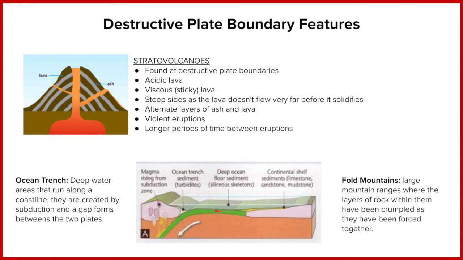So when this eventually meets, because they're both continental, one of them isn't going to sink. They're both going to stay where they are. So they're both going to force each other into each other. Any sediments in the middle are going to get forced up, and this plate is going to get forced up crumpling, and this plate is going to get forced up crumpling. So continental plate will not be destroyed, but it will be crumpled and forced upwards in the form of a mountain.